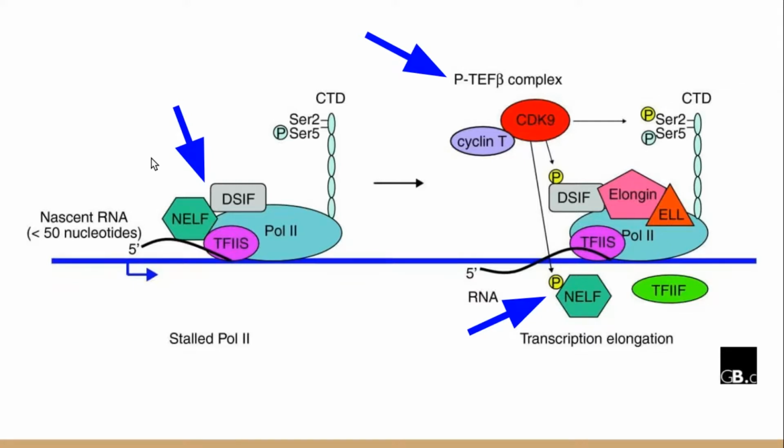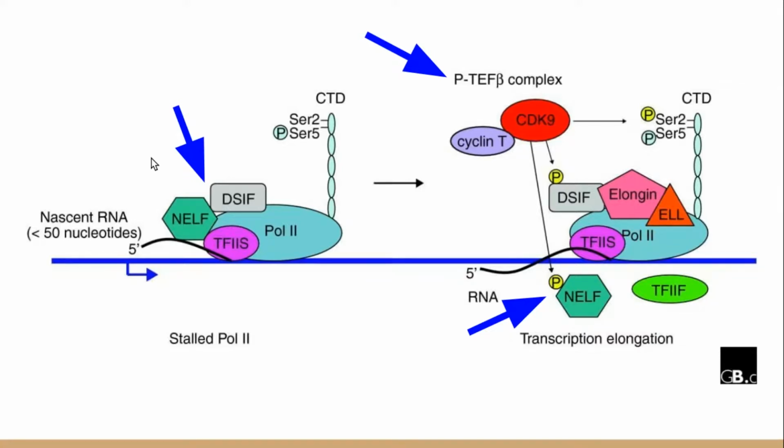XRN2 is an exonuclease that chews up the RNA so quickly that it actually pulls the RNA out of the RNA polymerase. This is known as the torpedo model, because the XRN2 exonuclease is like a torpedo that runs right up into the RNA polymerase and basically pulls the RNA transcript out of the polymerase.